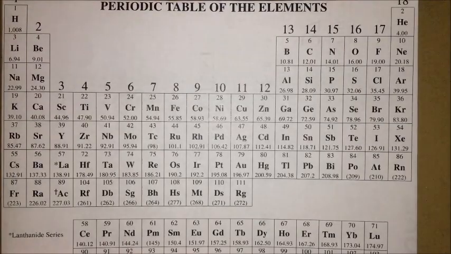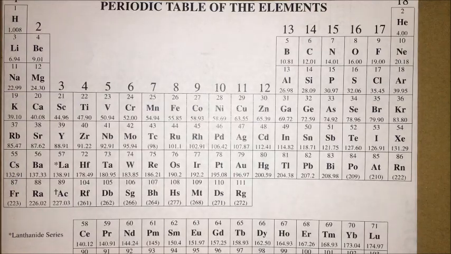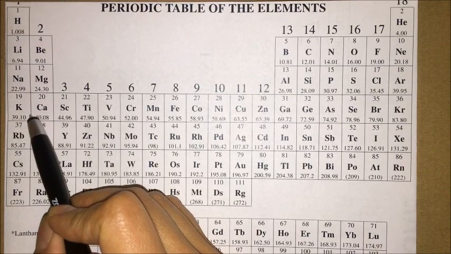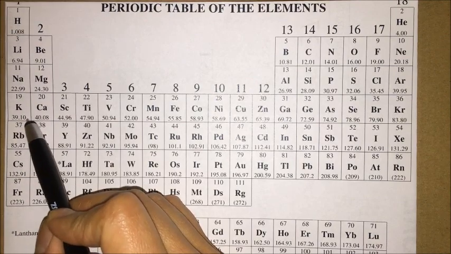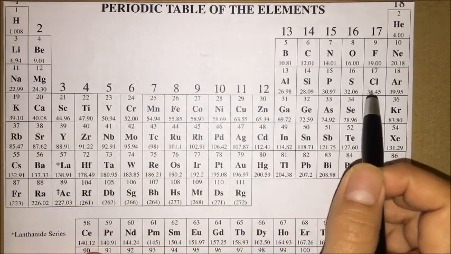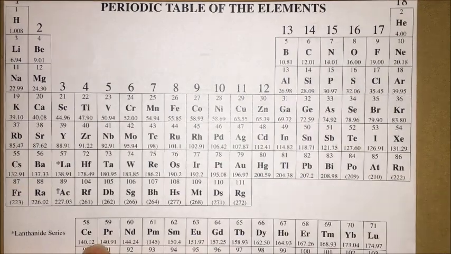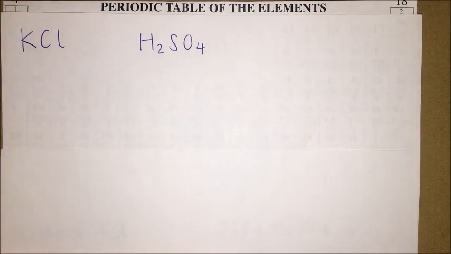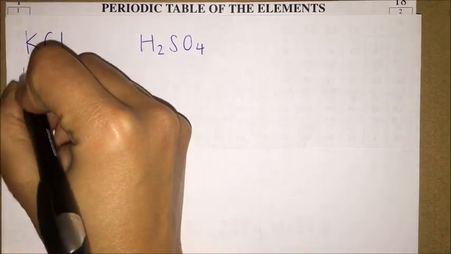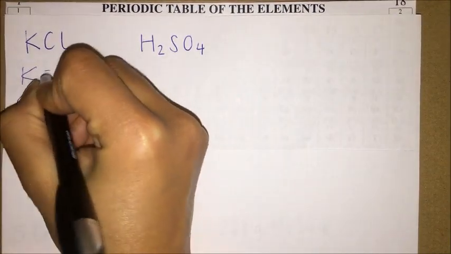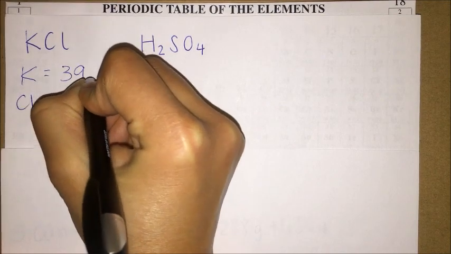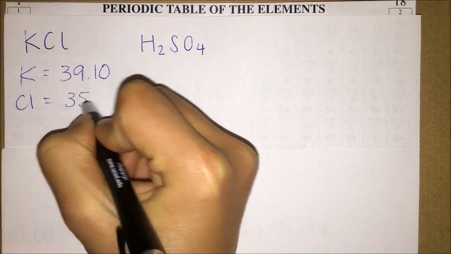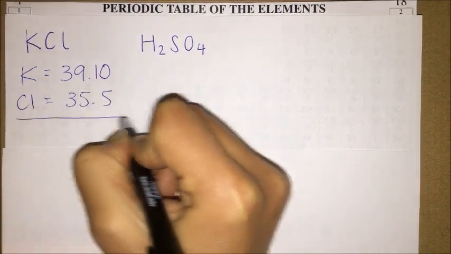What you're going to do is you're going to look on the periodic table. For KCl, the mass of potassium is 39.10, and then the molar mass for chlorine is 35.45. So to calculate the molar mass, what you would do, you would add up the masses for each element that you find on the periodic table.